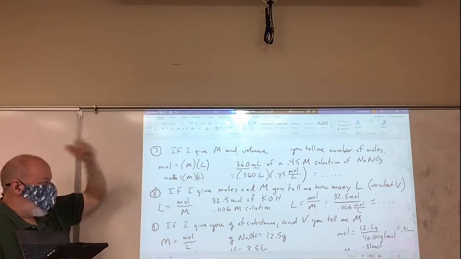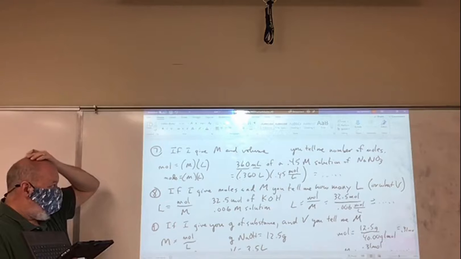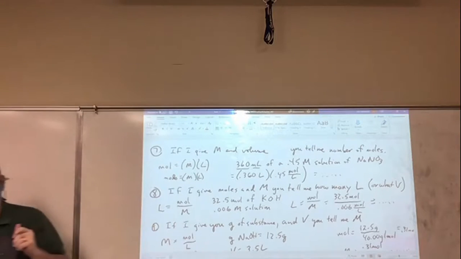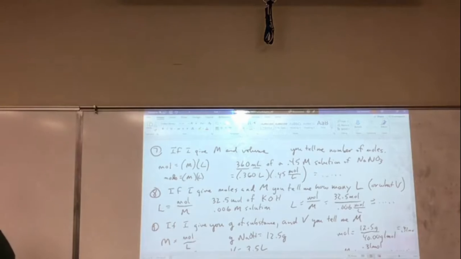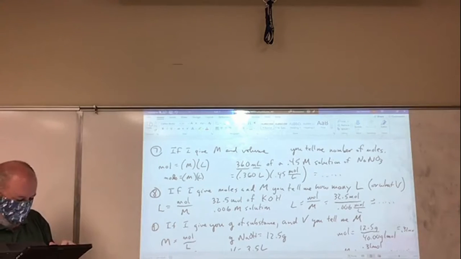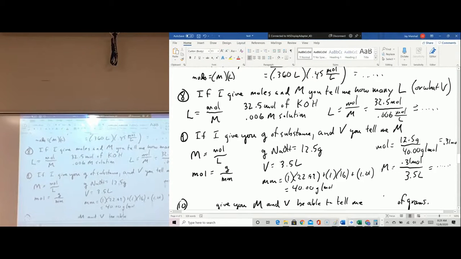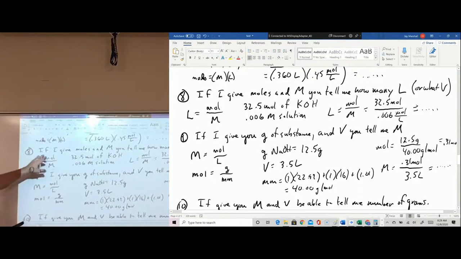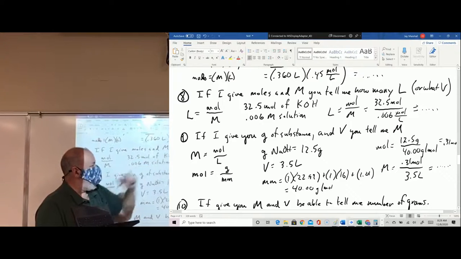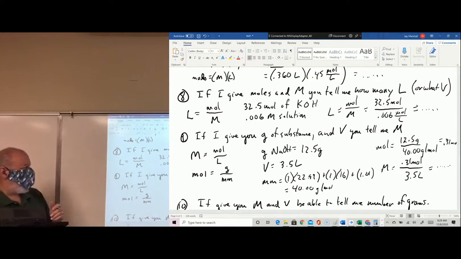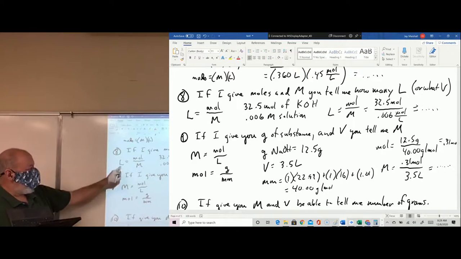Any questions about how to find the number of moles if I give you molarity and the volume? Now we switch it up again. If I give you moles and molarity, tell me how many liters or what volume. Same circumstance here.